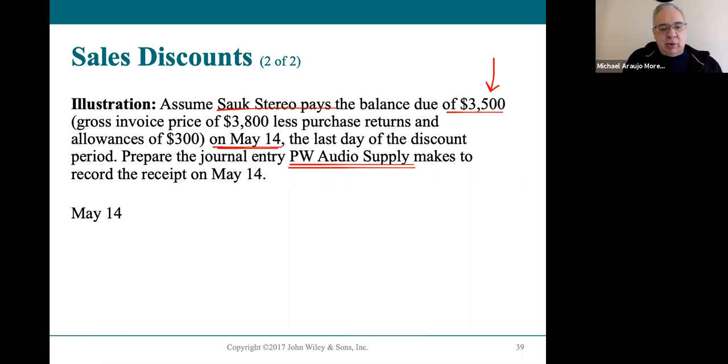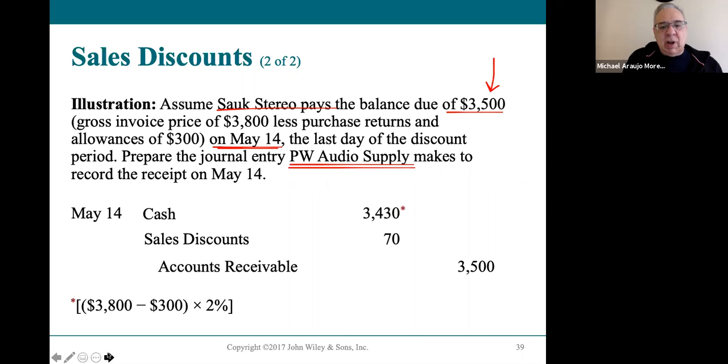So we are going to debit cash for the $3,430, which is $70 less because that's the 2% discount. The $70 is going to be debited to the sales discounts account, okay, and shown this way. So the entire receivable has been paid in full. $3,430 worth of cash, $70 granted in a sales discount.